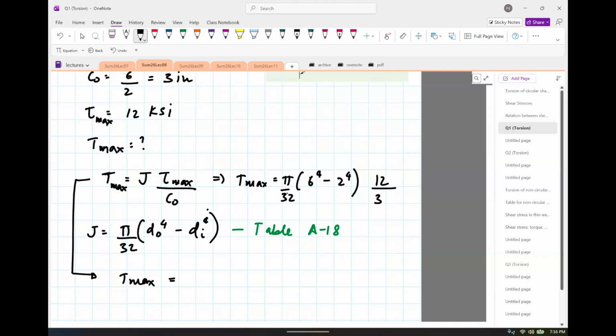Tau max is that first part, the J comes out to be 102 inch raised to 4 times 12 divided by 3. Okay, so then T max equals 408.4 kip inch.